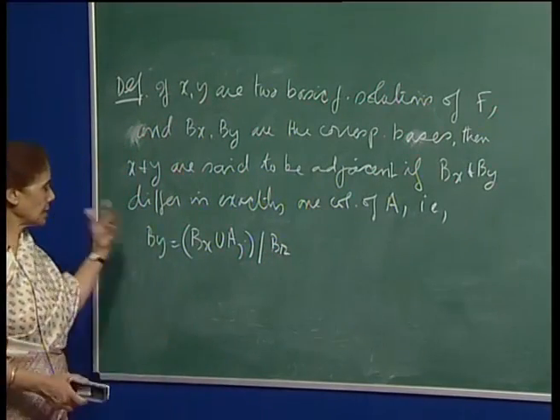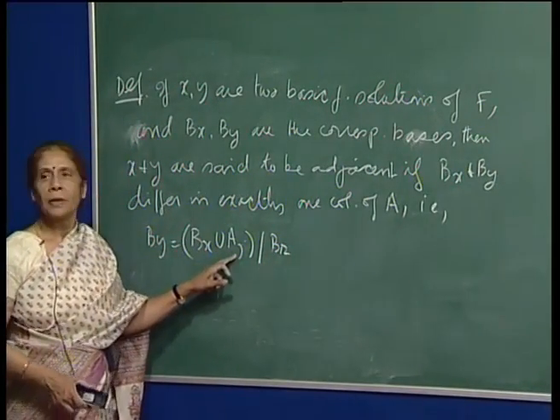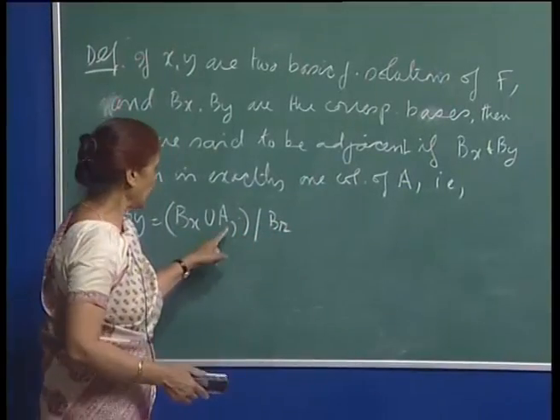So remember, we replace a column here: the Br column goes out of the basis and Aj comes in instead.